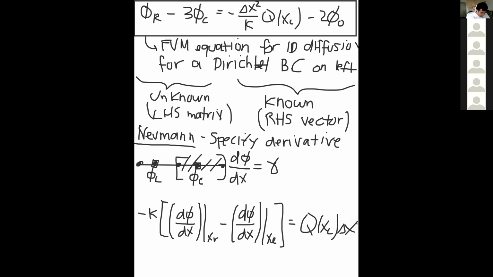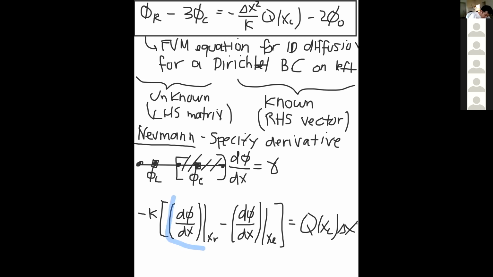Now let's apply the Neyman condition. The Neyman condition says that d phi dx at the right side of the boundary is equal to gamma. Fortunately, because of the way we've formed these equations, we already have that directly in here.